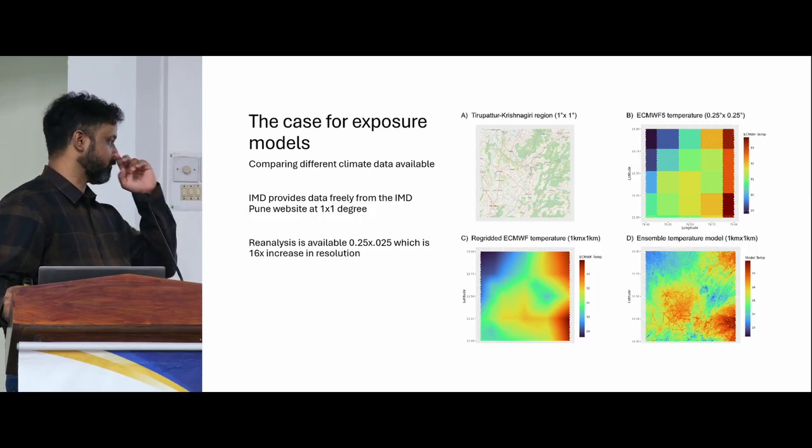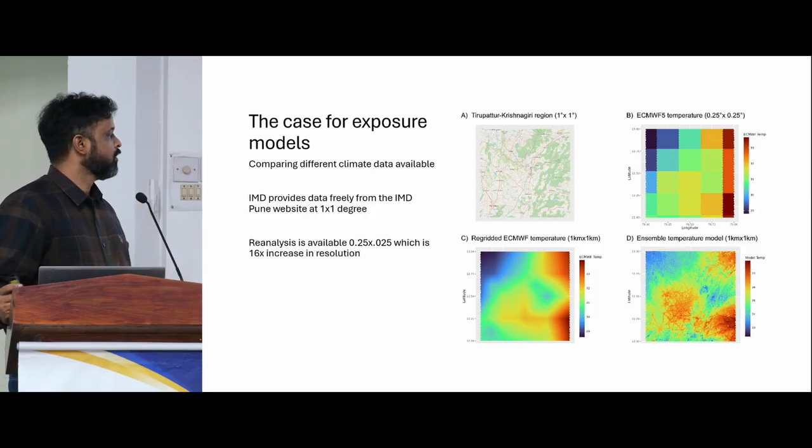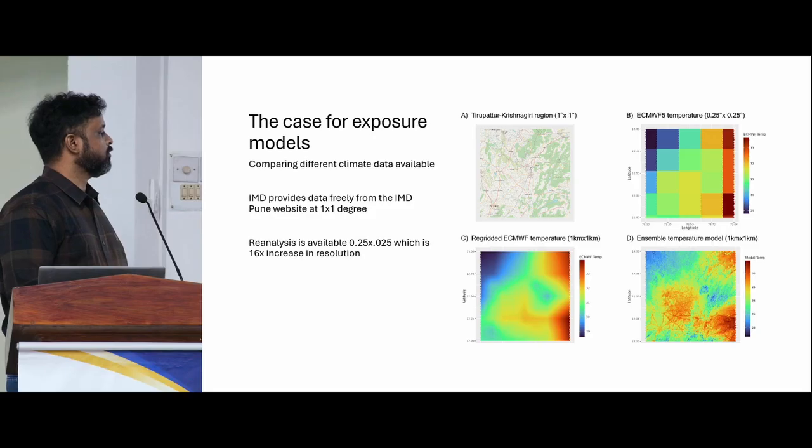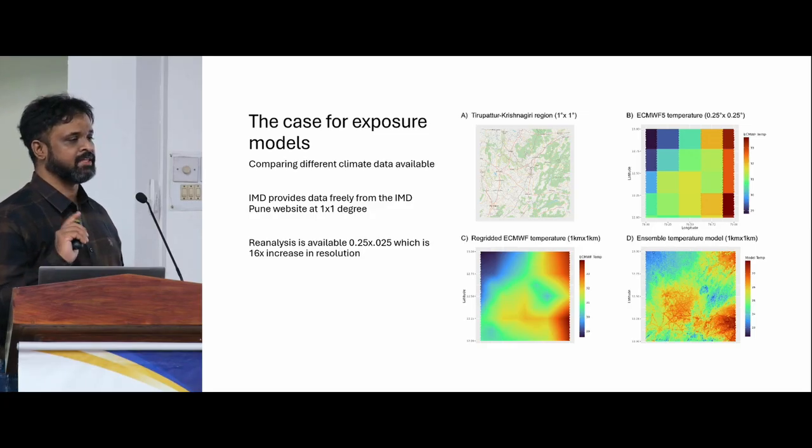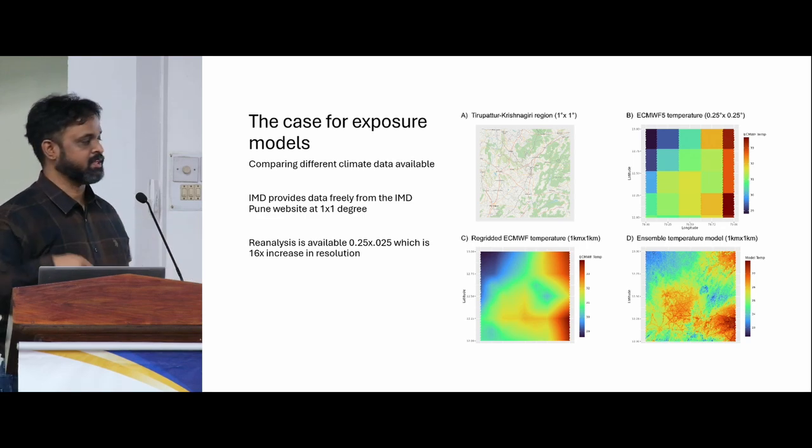We do spatial interpolation to try and guess from the ECMWF data what the pattern would be at 1 kilometer by 1 kilometer. It's not actually understanding anything about the world, it is just averaging it out as best as it can. So that's what it looks like.